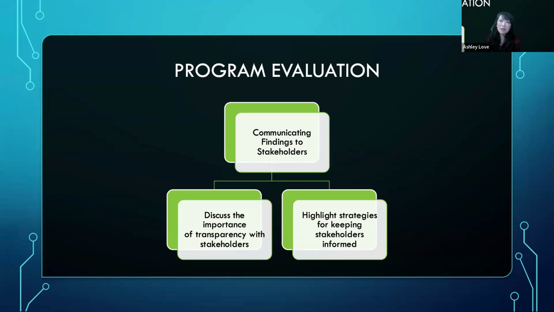You also have to highlight strategies for keeping the stakeholders informed, meaning I told you about the visual analog, the dashboards. Those are wonderful.